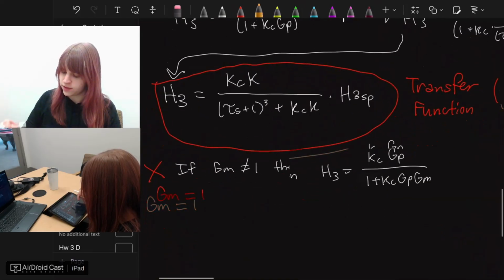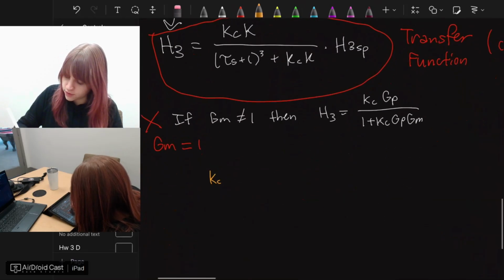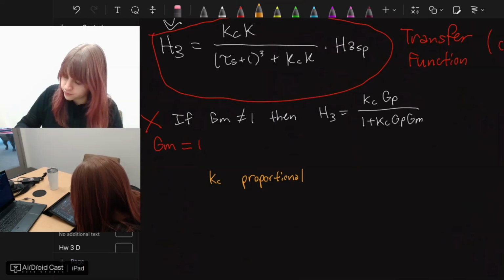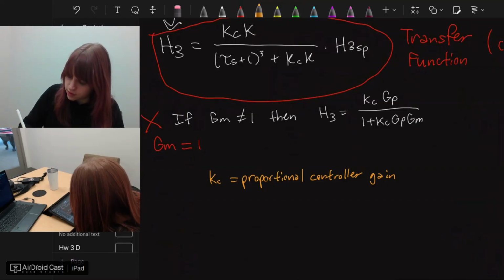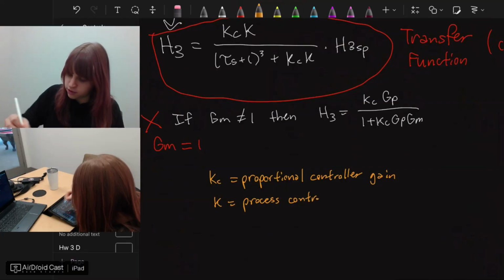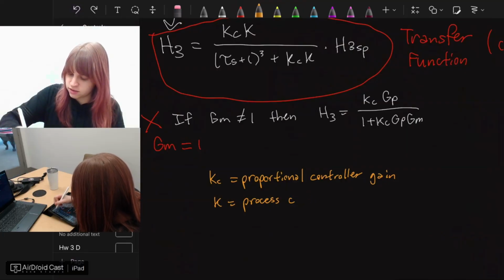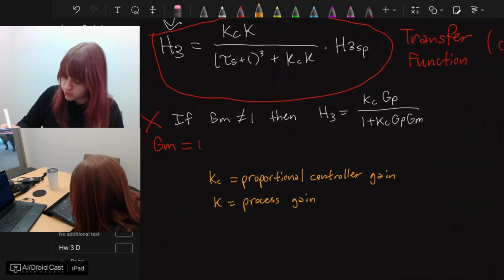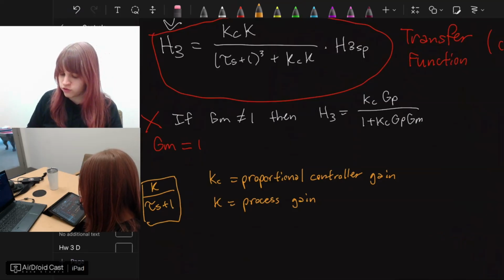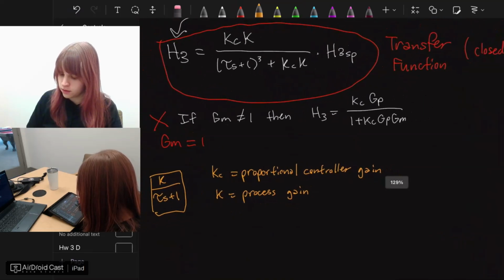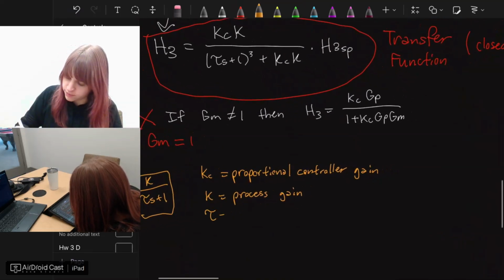So remember, our KC is the proportional controller gain. K is the general process gain that was inherent to the processes. Remember how each tank was K over tau s plus 1. Tau is our time constant.